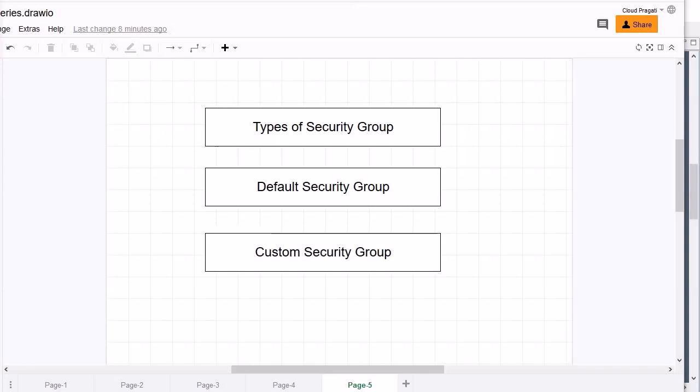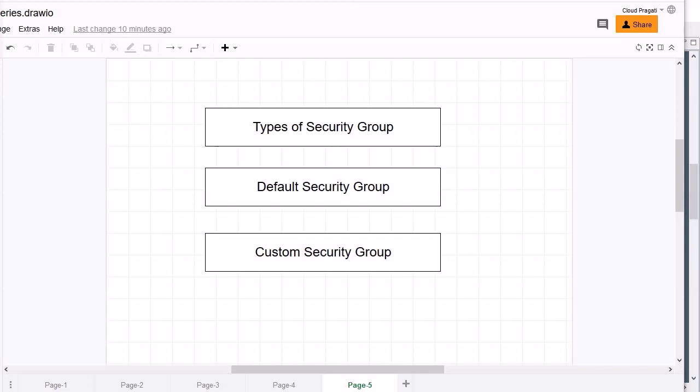If you closely look into that default security group, you will find it has a rule that allows all inbound traffic from instances associated with the default security group, so they can access each other, and outbound traffic from the instance is also allowed. These are some of the important points for the default security group. I will demonstrate in our lab session where we will create an EC2 instance and see how a default security group is assigned if we don't provide any security group to the instance.